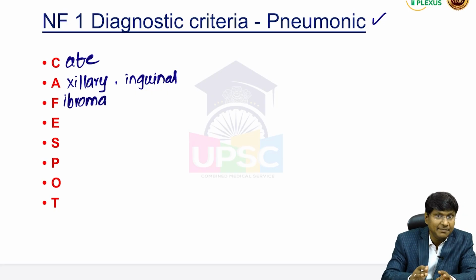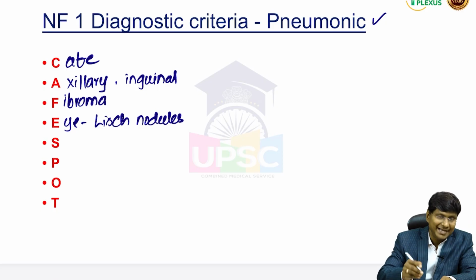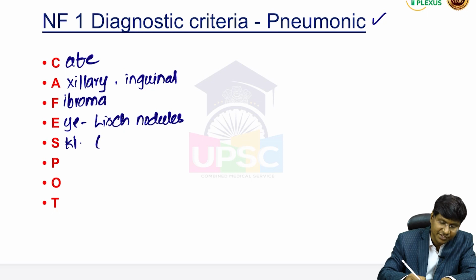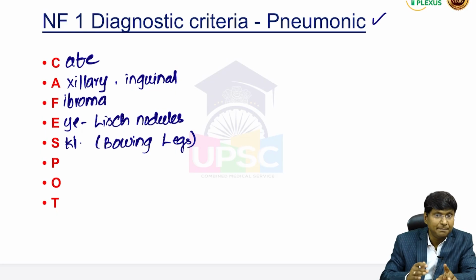The eye manifestations are in the form of Lisch nodules. S is skeletal manifestations, in the form of bowing of the legs. P is positive family history.